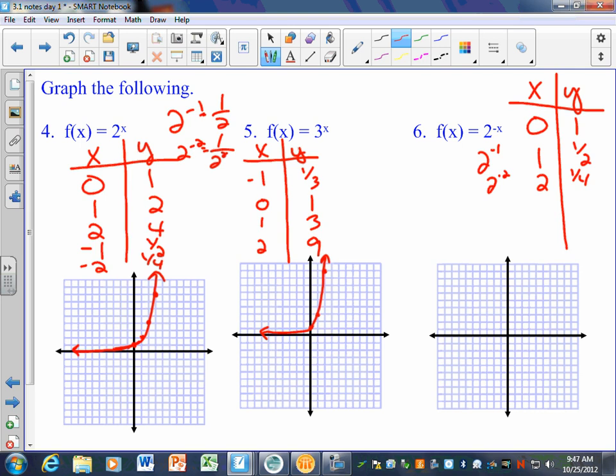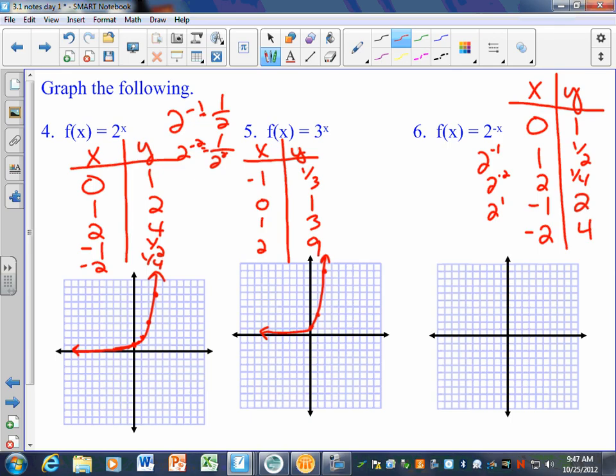What happens when I plug in negative numbers? Because if I plug in a negative up there and it's already a negative x, that's just going to become 2 to the first. And if I plug in -2, that's going to give me a +4. So it's important to notice there that that negative is going to flip our graph. Now the negative side is getting bigger and the positive side is getting smaller.